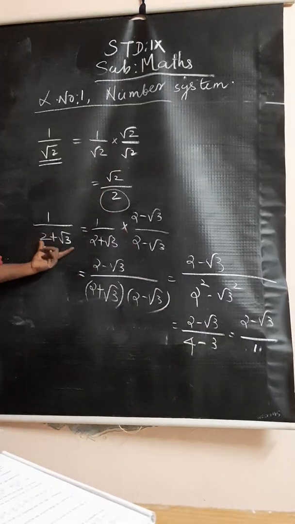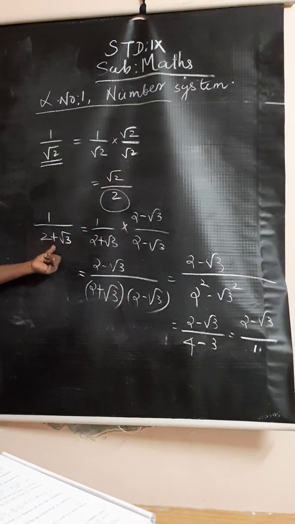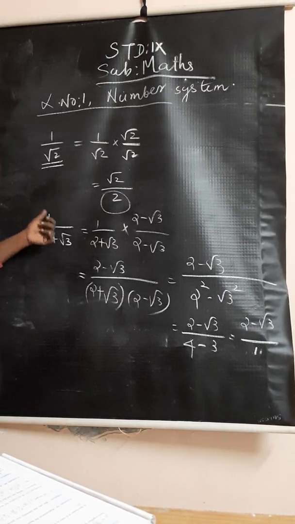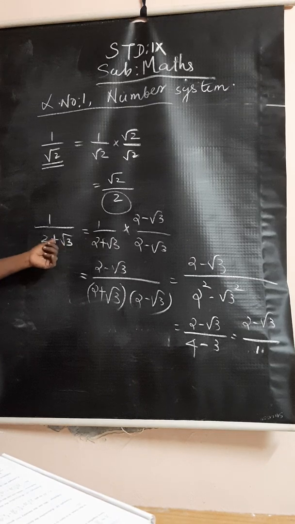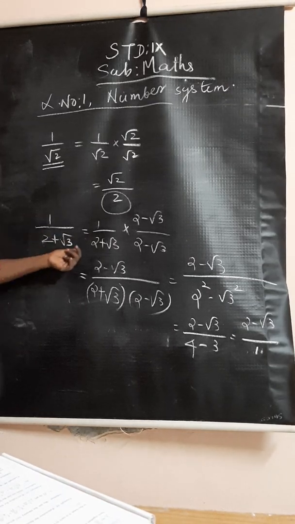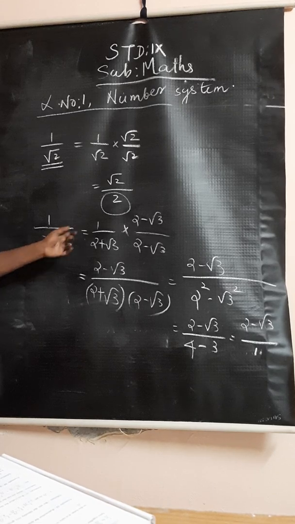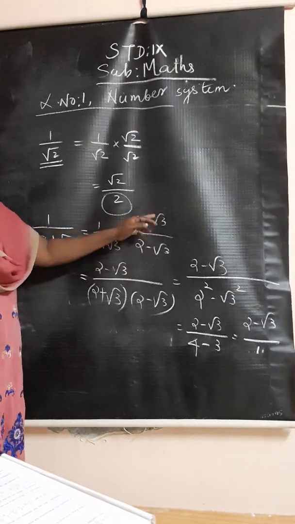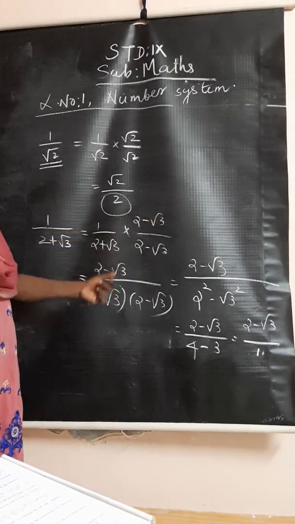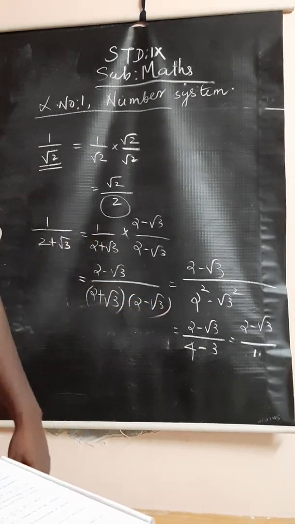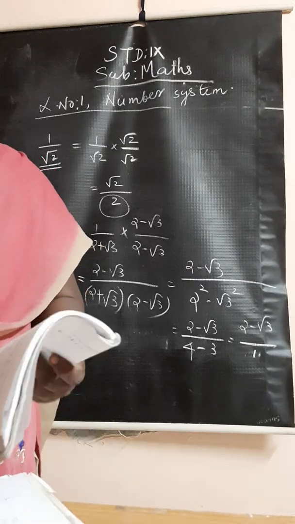Here there are 2 terms, so change the sign of the middle term: 2 plus root 3 gives 2 minus root 3. Multiply 2 minus root 3 up and down so the denominator becomes a rational number. Rationalizing the denominator is a very important part.